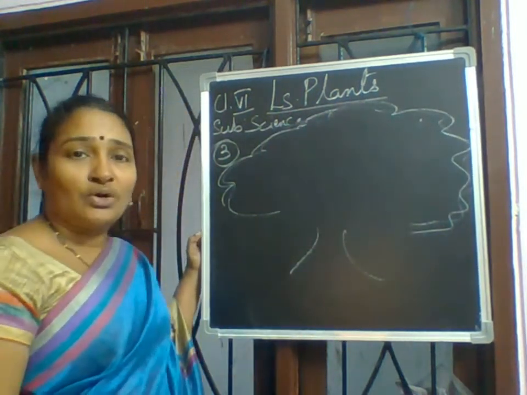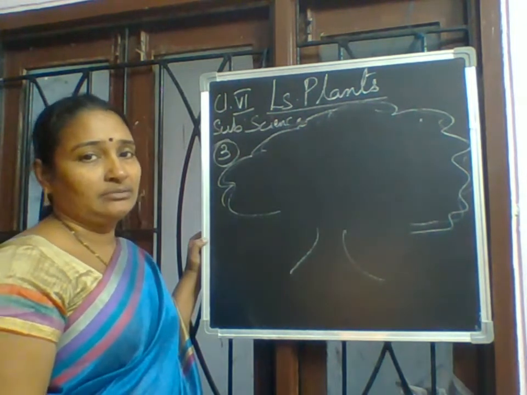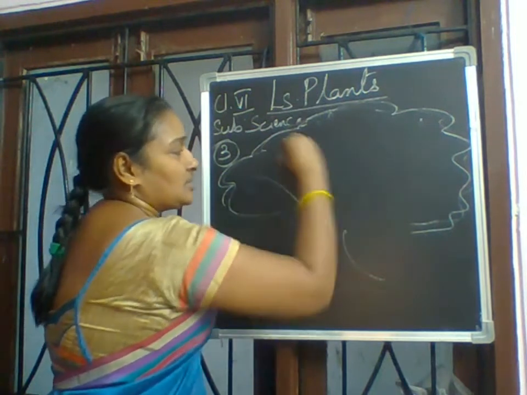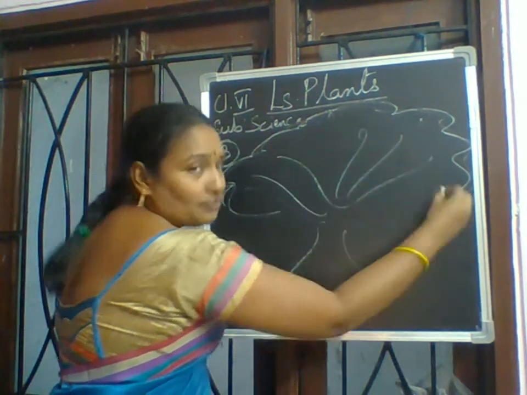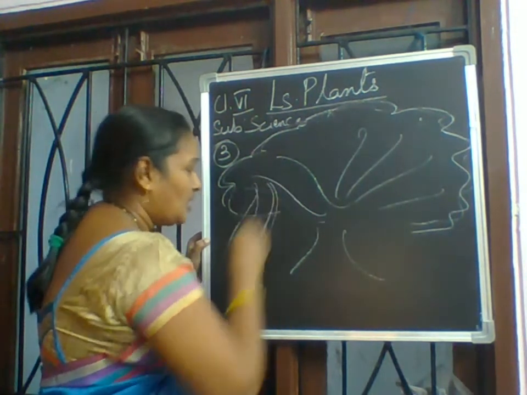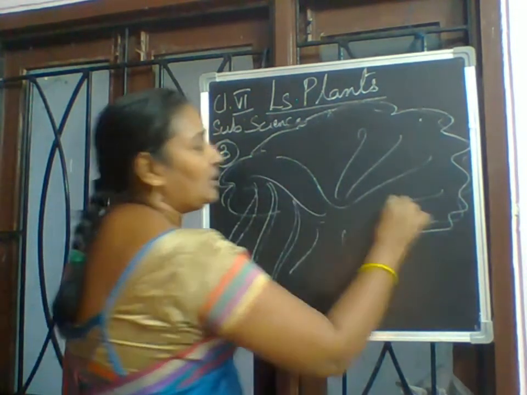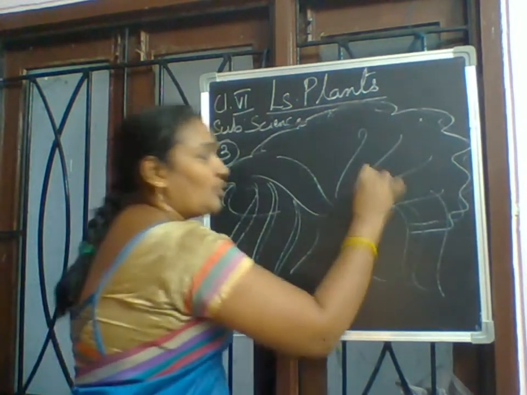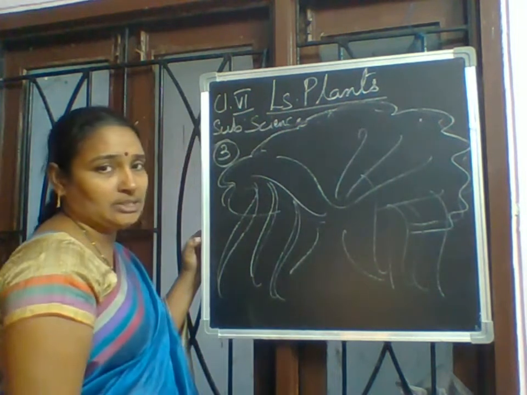To avoid that, the banyan tree grows additional roots from the branches itself, and they fall vertically down to the ground like this.